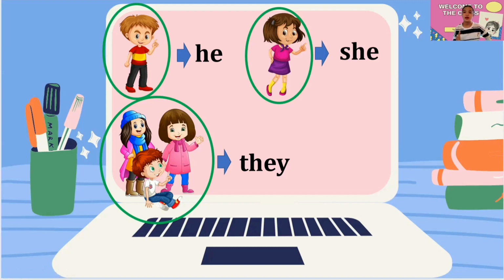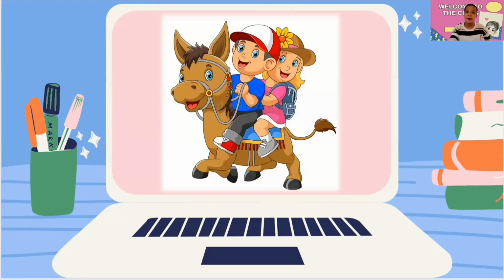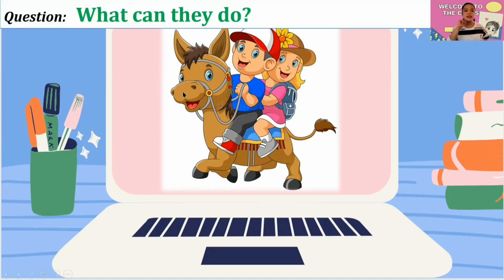Perfect. Now, how are we going to use they in a sentence? This will be the example. How many kids do you see in the picture? Perfect, 2 kids. We have one boy and one girl, so they are 2. In this picture, we can apply they with this question: What can they do?